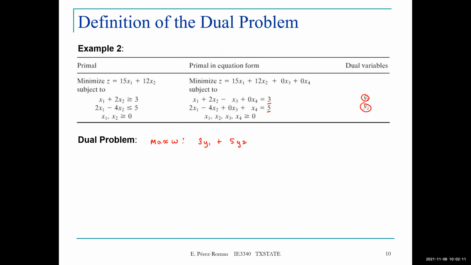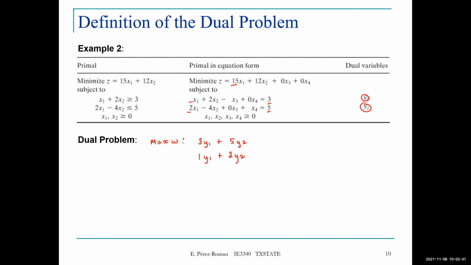Good. Okay, so now we transition to the constraints, and we're going to use the coefficients of each decision variable to formulate our constraints. For the left-hand side of the constraints, we're going to use the coefficients of the left-hand side of the original problem. So we have 1 y1 plus 2 y2.